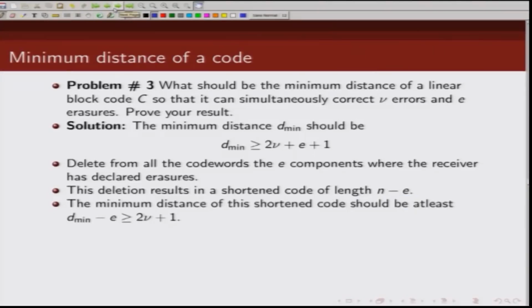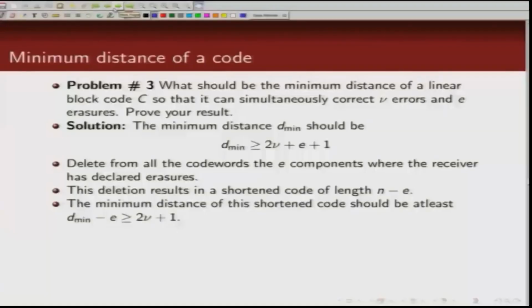Now, we know that if we want to correct t errors, the minimum distance of the code should be at least 2t plus 1. So, if we want to correct mu errors, the minimum distance of the code after these E erasures should be greater than or equal to 2 mu plus 1.